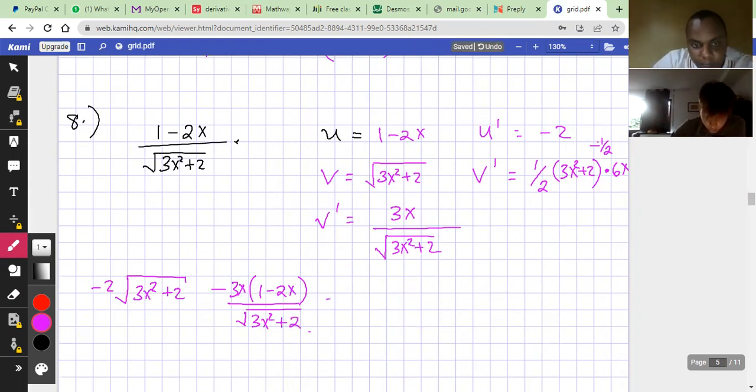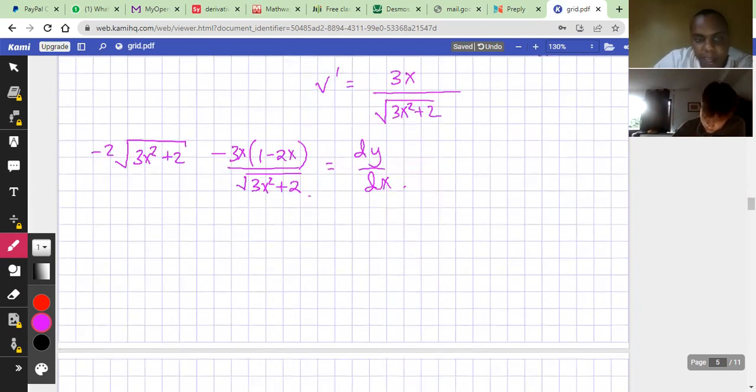And this is going to be our dy/dx, which we can simplify, right?